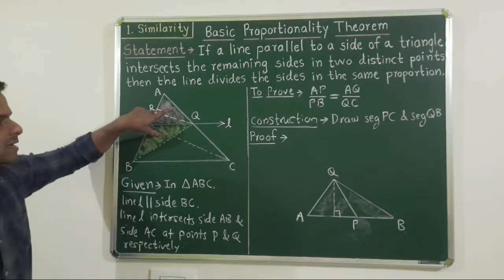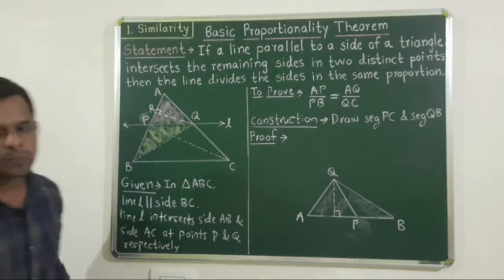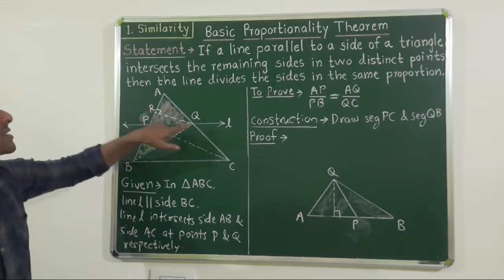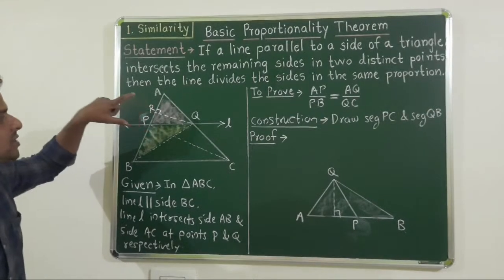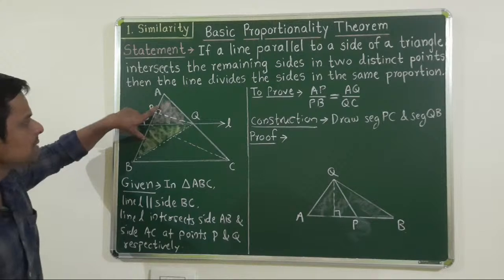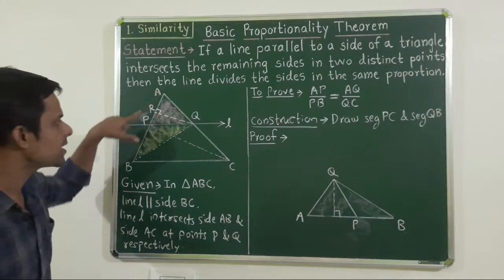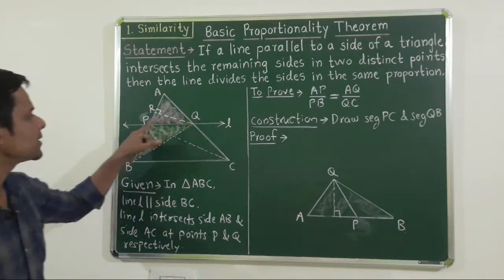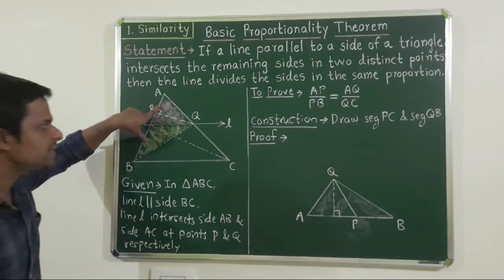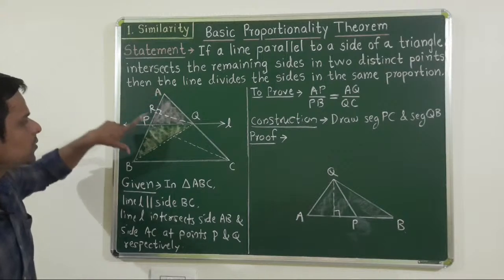These two triangles are having the same height, and by using the previous property, that is, if two triangles are having the same height, then the ratio of their areas will be equal to the ratio of their corresponding bases. Means we can write area of triangle APQ upon area of triangle PQB is equal to the ratio of their corresponding bases, that is AP upon PB.